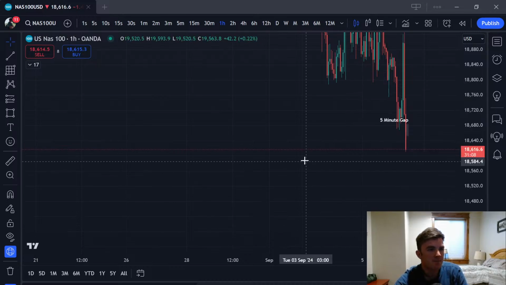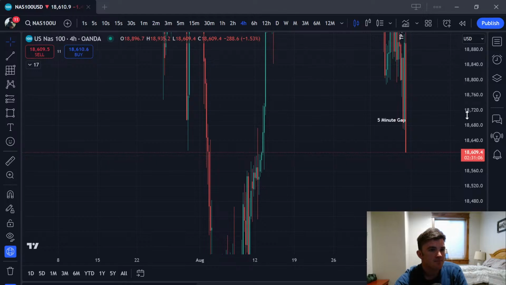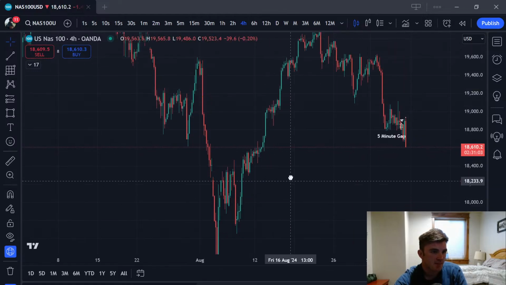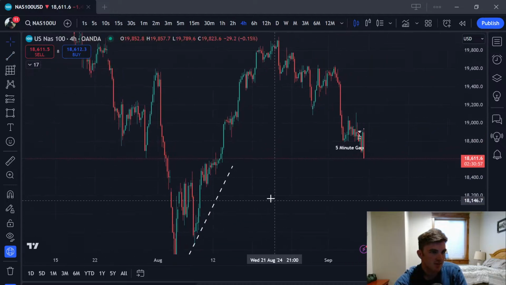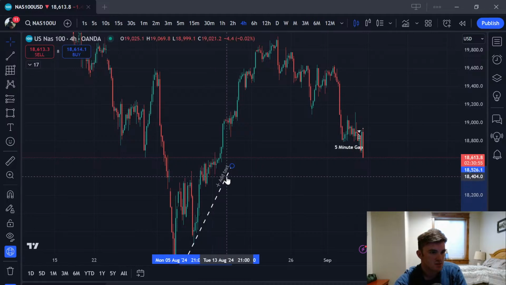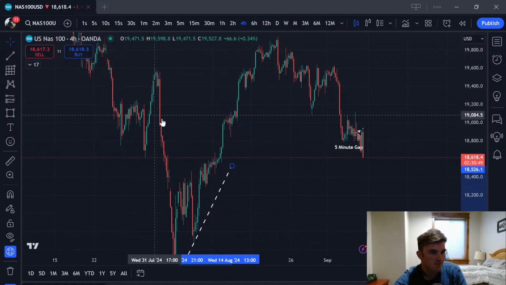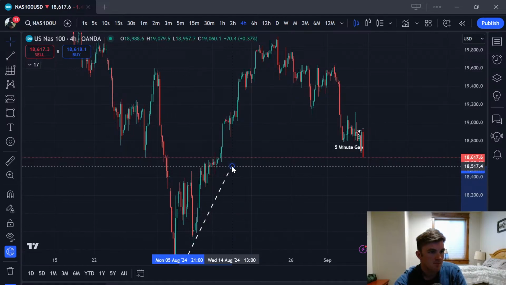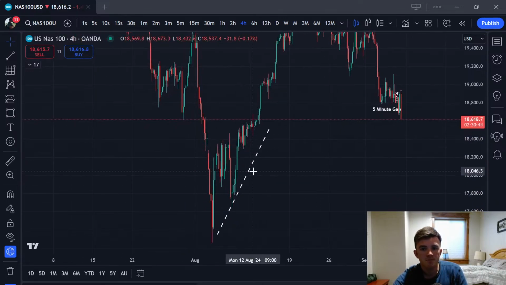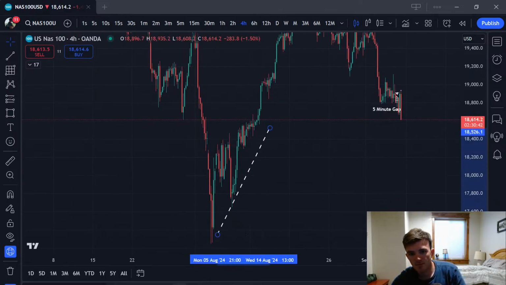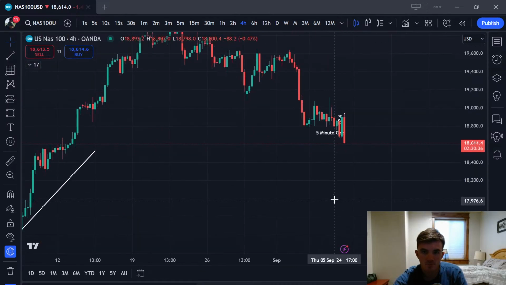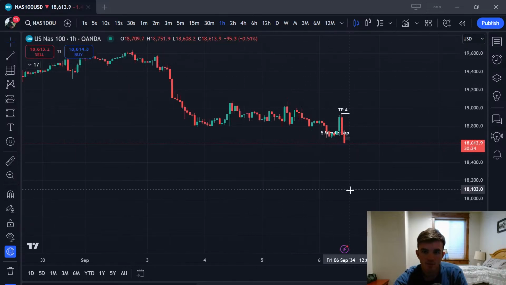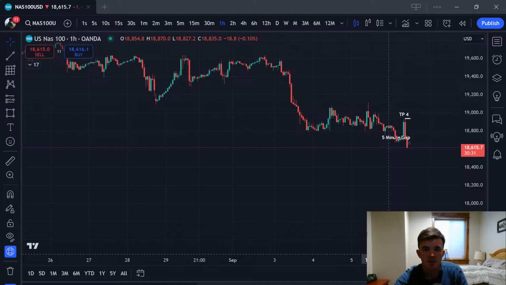It looks like this is low resistance liquidity at this point. Dang it, no trade.